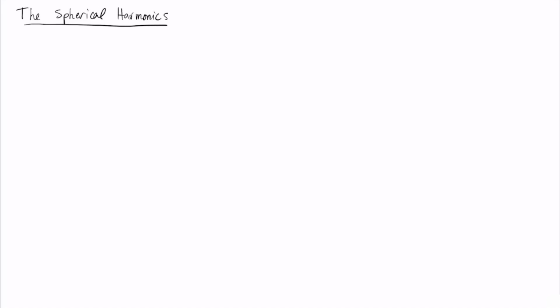Okay, so the spherical harmonics are normally written using the symbol Y, and they contain two different quantum numbers. And we'll talk in a second about what those mean. So it's Y of m and j, and then it's a function of theta and phi. Okay, and the general structure looks like this.